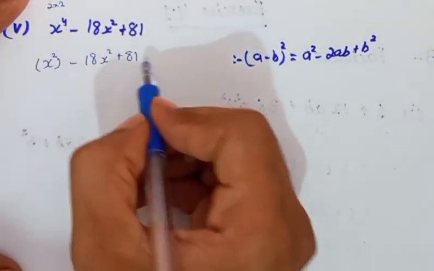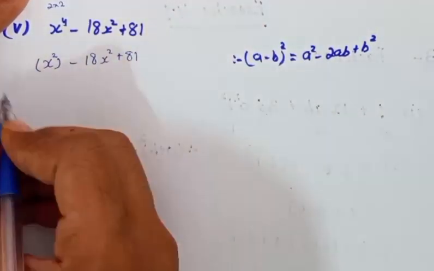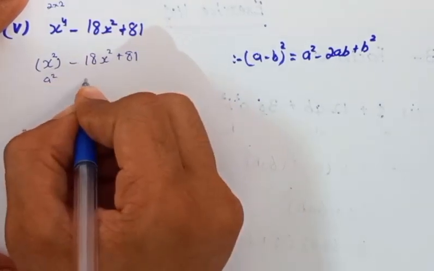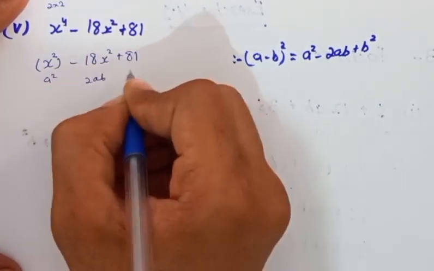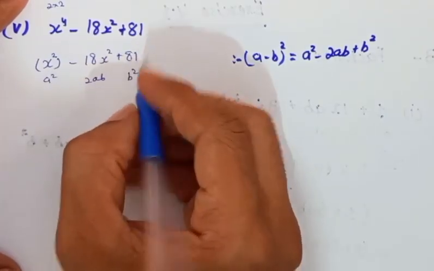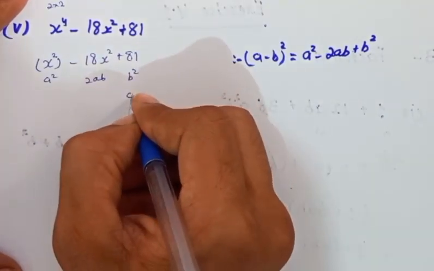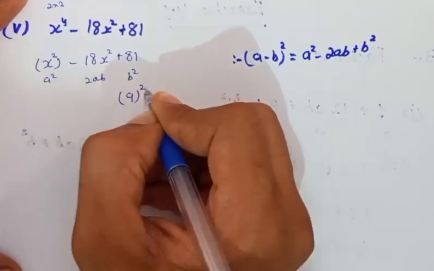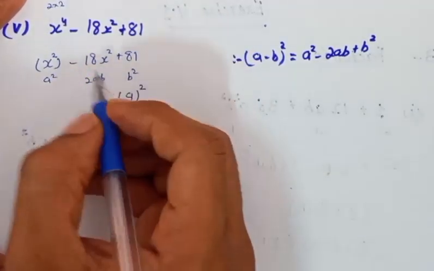Now I will solve it according to the formula. Suppose this is a square, this is 2ab, this is b square. 81 is the perfect square of 9, so b is my 9 square, 9 multiply 9, 81.